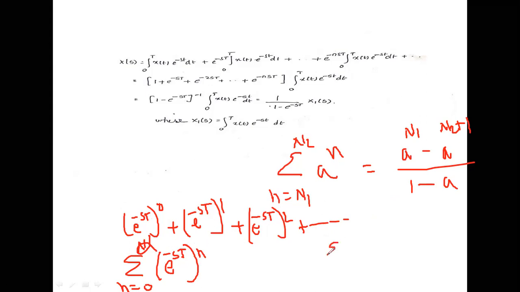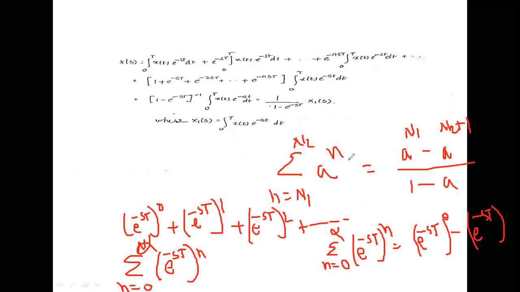So now I'm changing this as the sum of n equal to 0 to infinity of e power minus sT whole power n. Now instead of a, you can write e power minus sT whole power n1, which is 0, minus e power minus sT whole power n2, which is infinity, plus 1 by 1 minus e power minus sT. Because this is a.